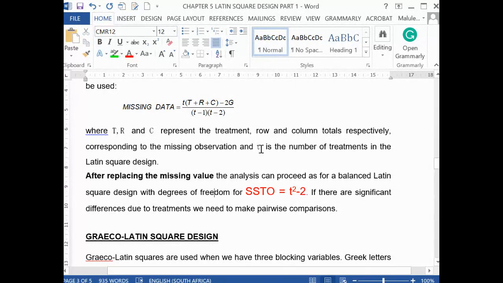Why am I saying this? Based on the example that we're doing now, let me go back to that example.